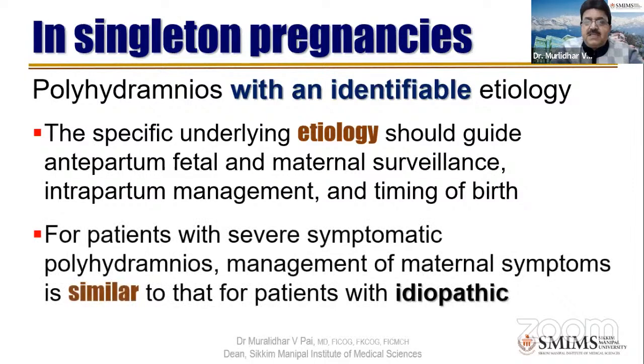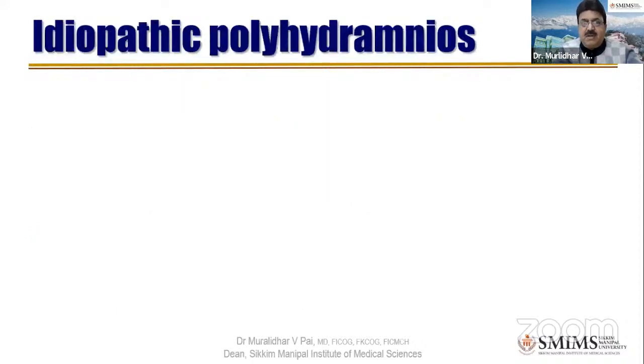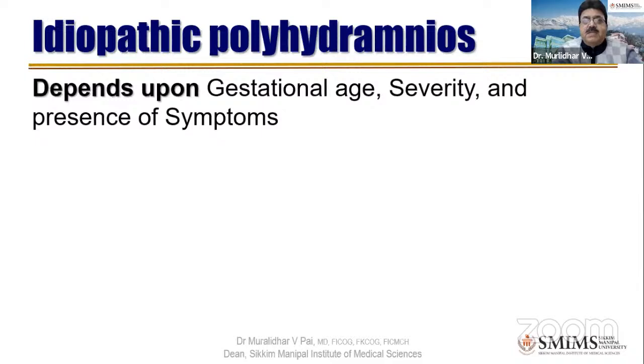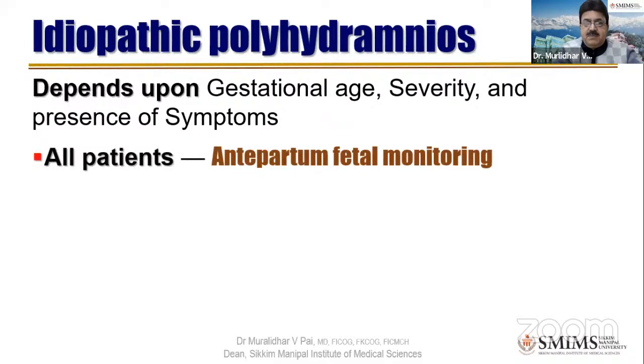For patients with severe symptomatic polyhydramnios, management of maternal symptoms is similar to that for patients with idiopathic. It doesn't change. So it depends upon gestational age, severity, and presence of symptoms. All patients, one thing is common, antepartum fetal monitoring. That is the most important thing, whether it is polyhydramnios, oligohydramnios, or any other problem.